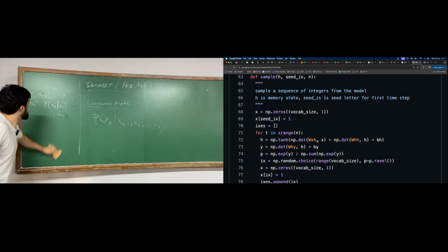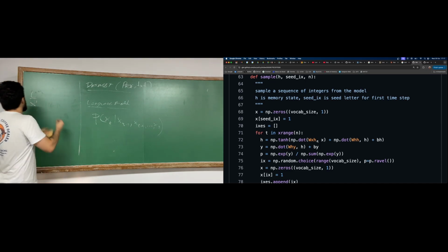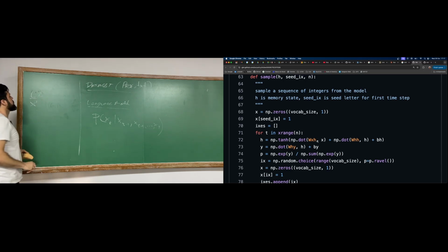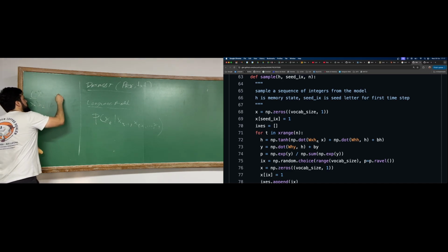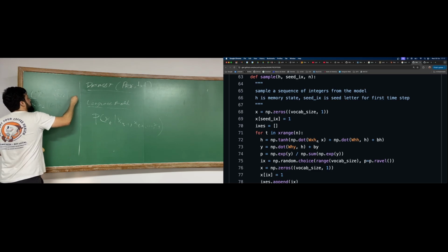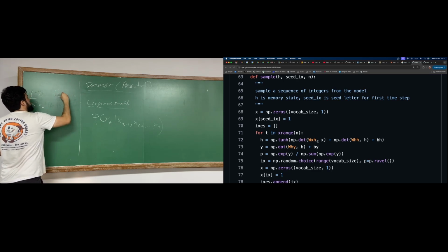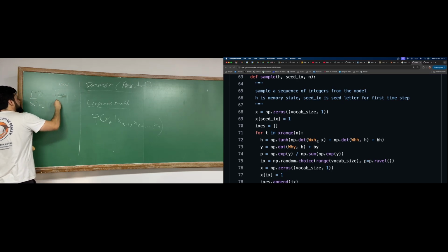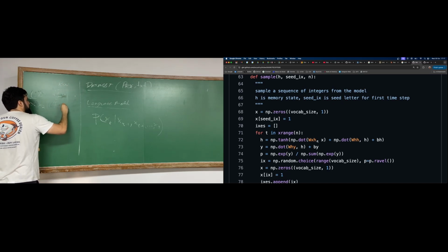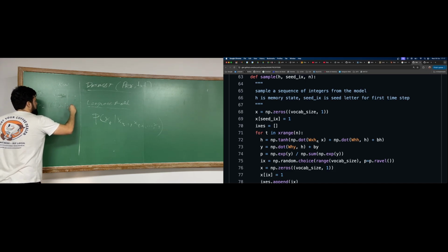So now I'm going to concatenate that character to my previous input and run my language model, my RNN, again. And this is going to give me the probability now of x3 given x1, x2.